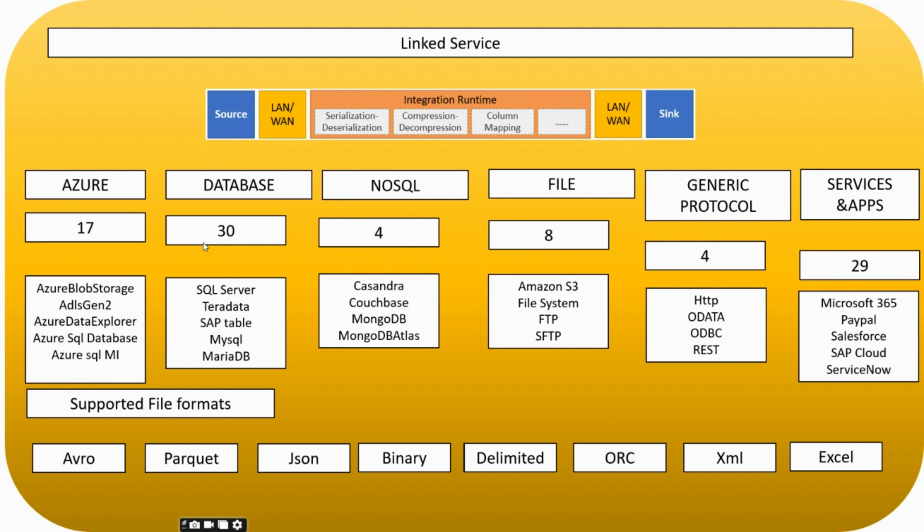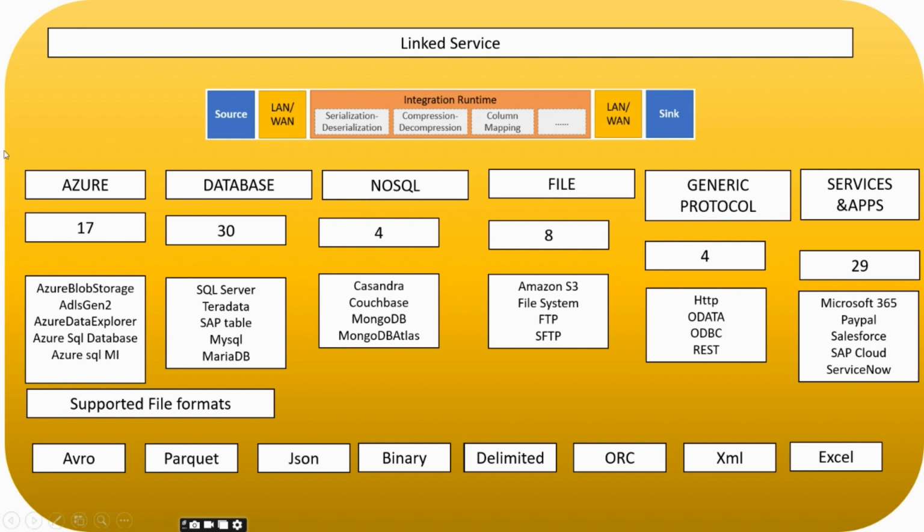So basically we are categorizing at a high level into these many types: Azure, database, NoSQL, file, generic protocol, and services and apps. So these are all the six high-level categories. The connections are segregated, or grouped, under these six types of categories.